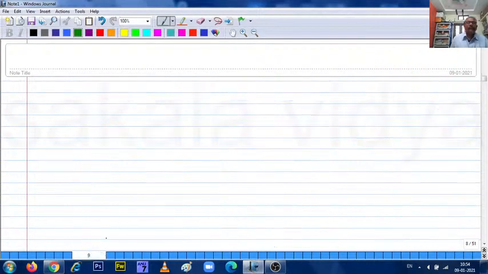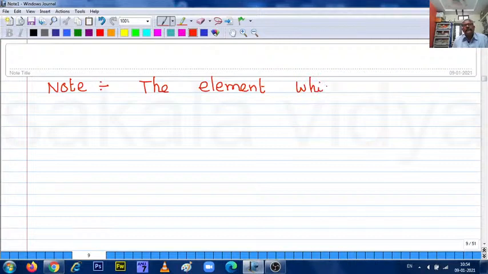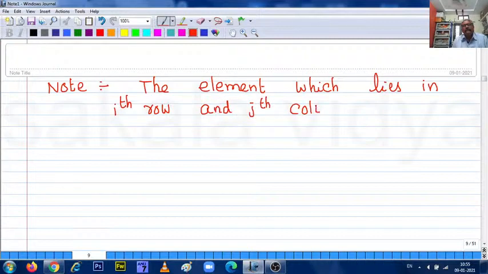So now, note down. The element which lies in the ith row and jth column is denoted by Aij.